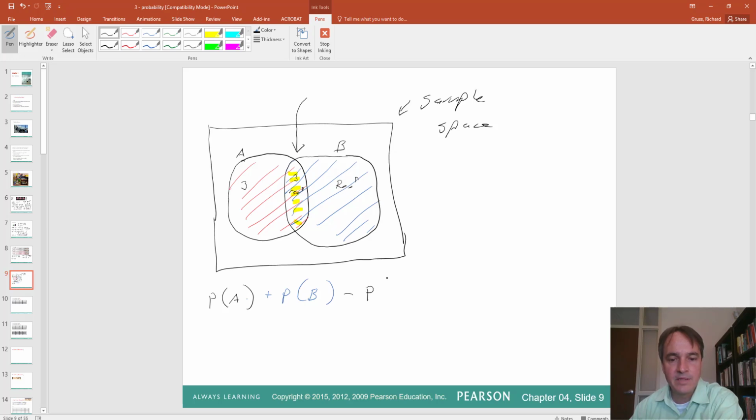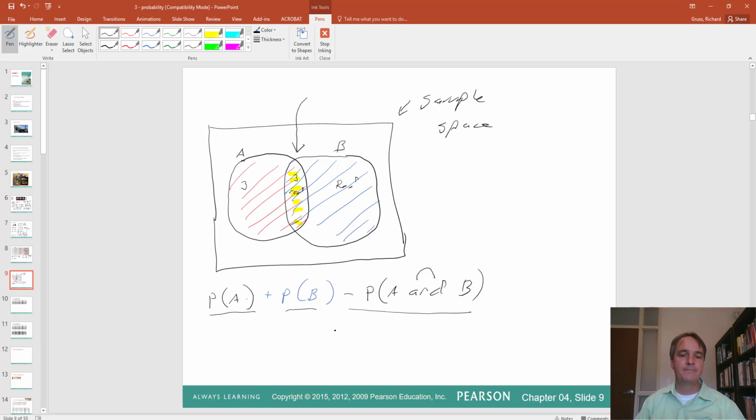So this is the probability of A and B. Or remember I said that this would be A intersect B. Okay, so now we have a more generalized way of coming up with a probability of A or B. All we have to do is subtract out the intersection of A and B.